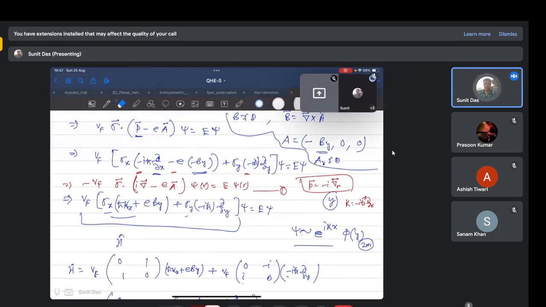So this definition actually should be: k is equivalent to minus i del x, let's say, for k. There should not be any h bar when I do k. And when I do this, p is h bar k, there should be an h bar.